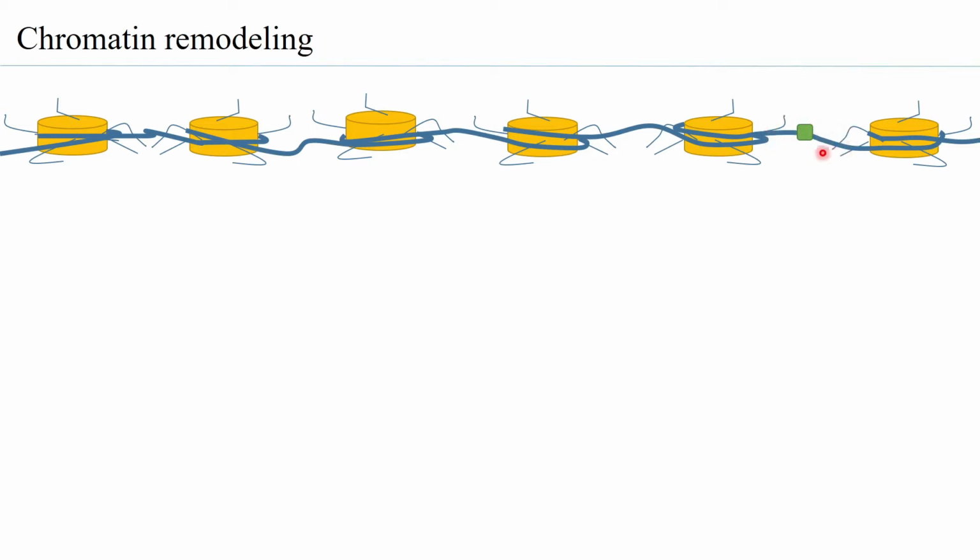If that is the case, the DNA is accessible for the RNA polymerase to come and bind. And once the RNA pol binds to the promoter region of the gene, it will begin transcribing the gene. But it can easily transcribe only until the DNA is wrapped around the nucleosome.